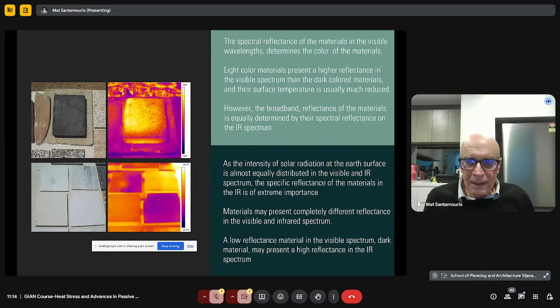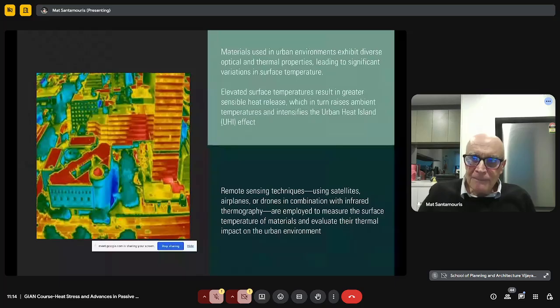So the myth that dark materials are very absorbing and light materials are very reflecting is true in the visible part, but is not a general truth, because we may have dark materials which are reflecting, or we may have white materials which are absorbing at different wavelengths. So this is a very clear message to you, and please remember it.